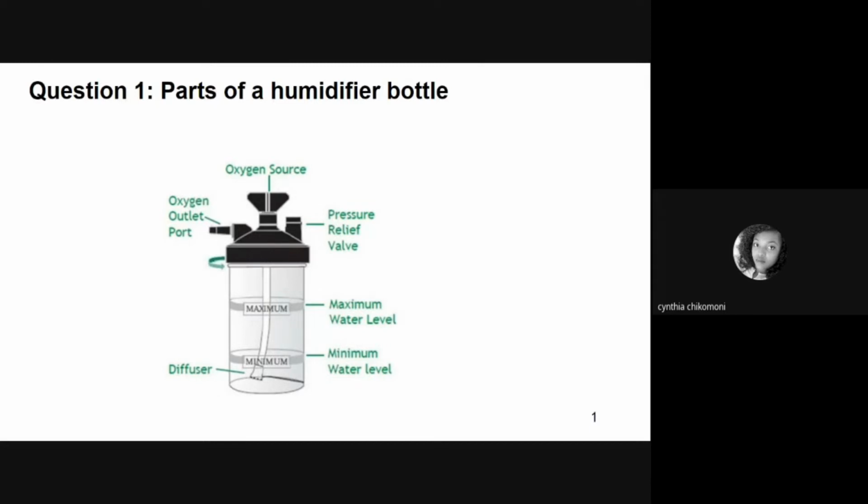Number three is that the white humidifier dust that humidifiers produce is removed by distilled water. The water used in the humidifier bottles contains dissolved minerals from the humidifier dust. Thank you.